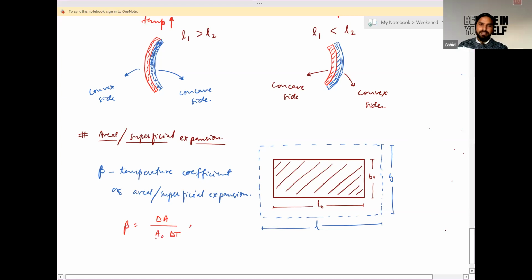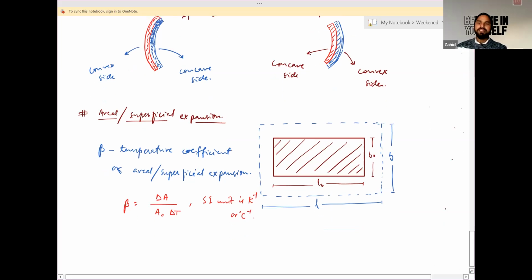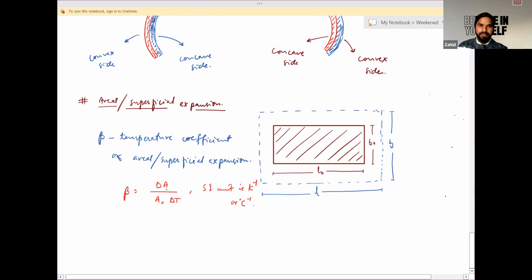Again, delta A and A have the same unit, so they will cancel out, so we're left with just delta T. So the SI unit is Kelvin inverse or Celsius inverse.